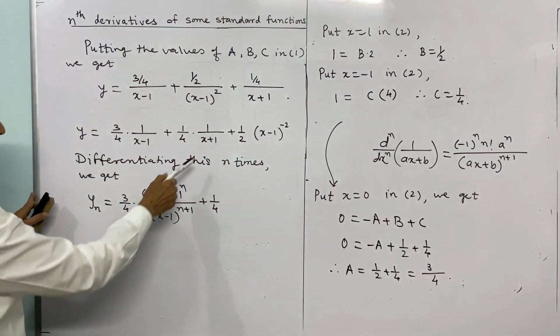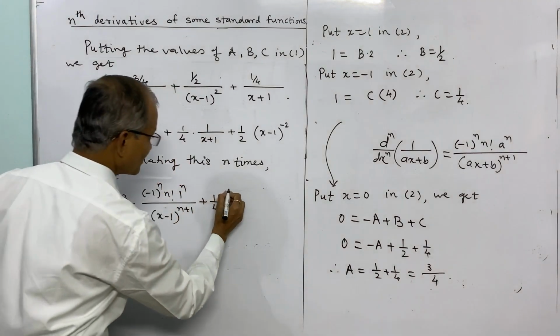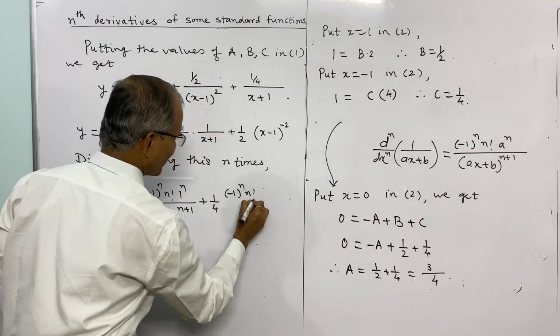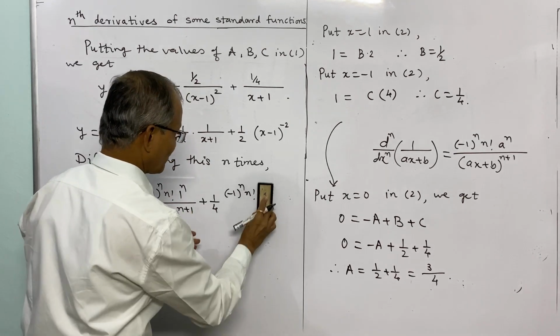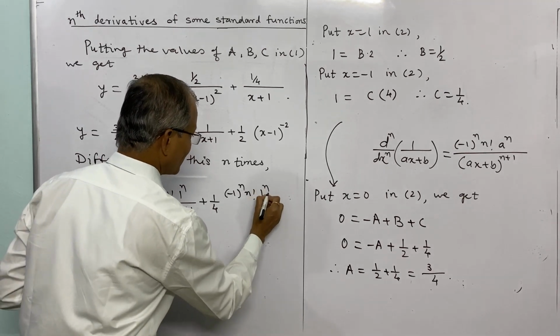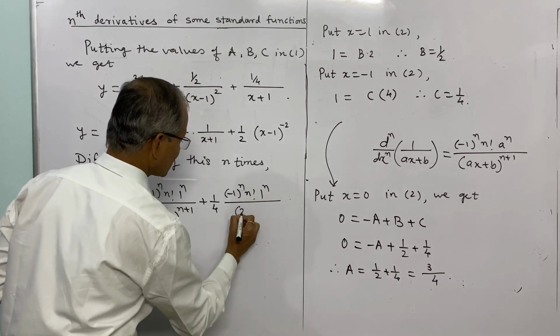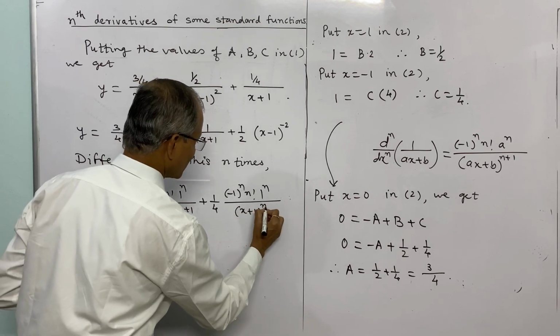Similarly, it is minus 1 to the power n into n factorial into a is 1, again 1 to the power n, divided by x plus 1 to the power n plus 1.